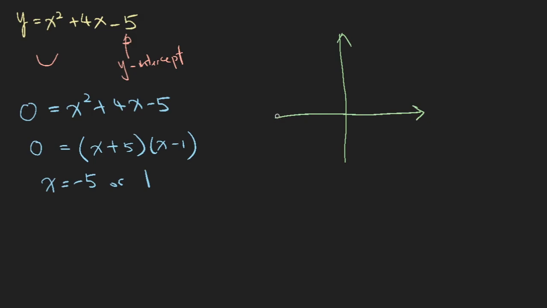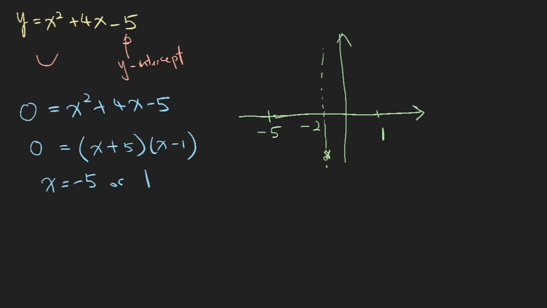So we know that the graph crosses the x-axis at minus 5 and 1. Now this is a symmetrical graph, so the minimum point is somewhere here, right? There are 6 units between minus 5 and 1. So the midpoint is 3 units from minus 5, which is minus 2.